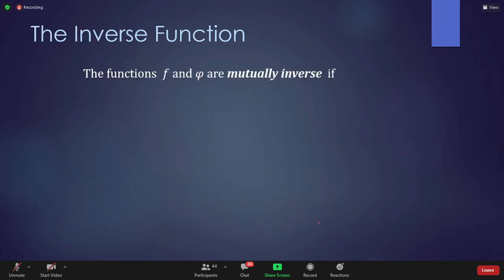And the inverse function, two functions are mutually inverse. So it would be something like this. You put a coin into a machine, it gives you some product, some object, some type of chocolate bar, some type of snack, depending on the value of that coin.